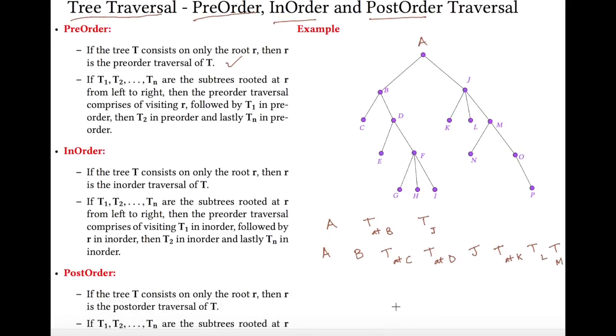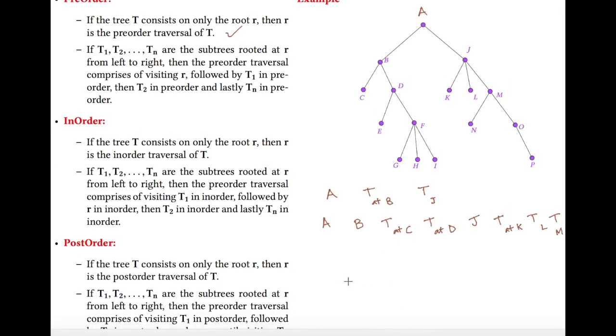Now we have A and B already there. The tree rooted at C is just one root, so C. Therefore we have this stopping condition here.